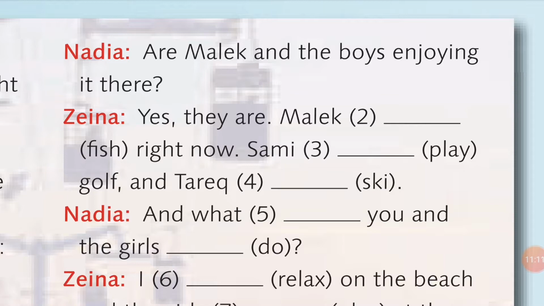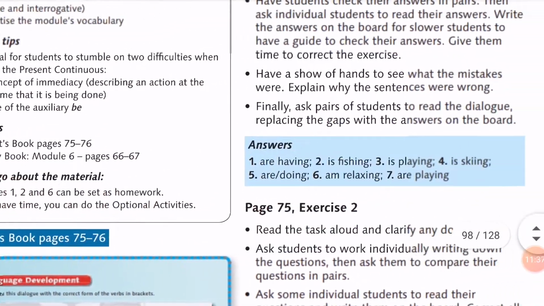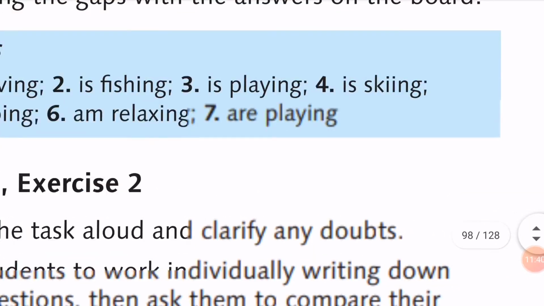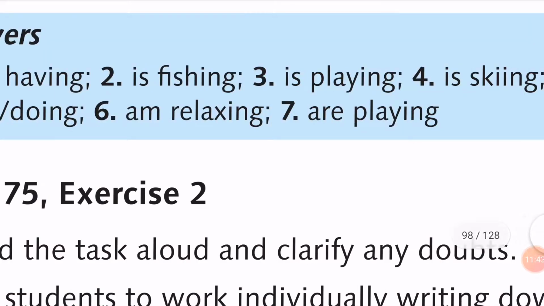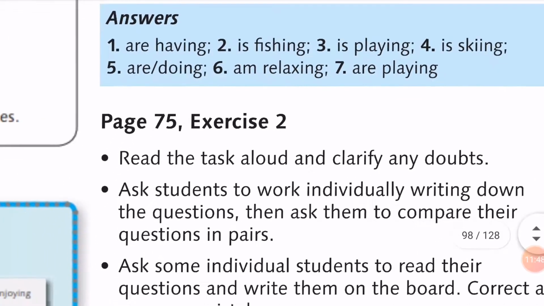It's right now, معناها لحد الآن. So if you want to form the subject Malik with correct present progressive, the suitable pronoun for Malik is he, because it's singular. So he plus is plus fish plus ing, fishing. So the correct answer here is Malik is fishing. If you want to write the answer correctly, I show you in number 2, is fishing. The meaning of is fishing is يصطاد أو يصيد السمك.